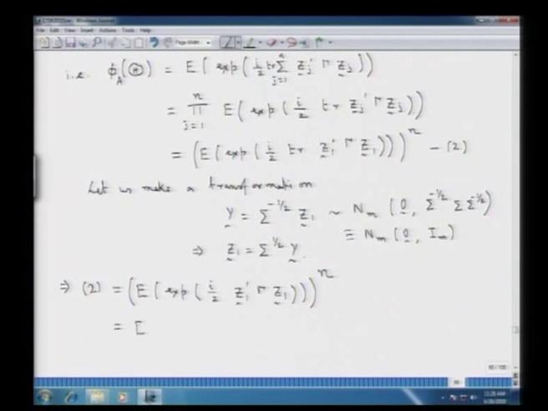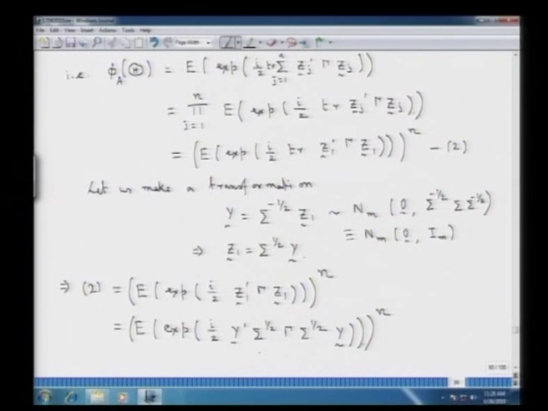Now, in terms of the y random vector this would be expectation of e to the power i/2 y transpose sigma half gamma sigma half times this y vector, with the brackets closing, and this raised to the power n.